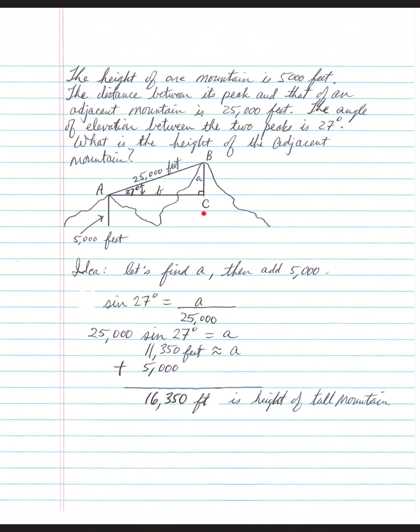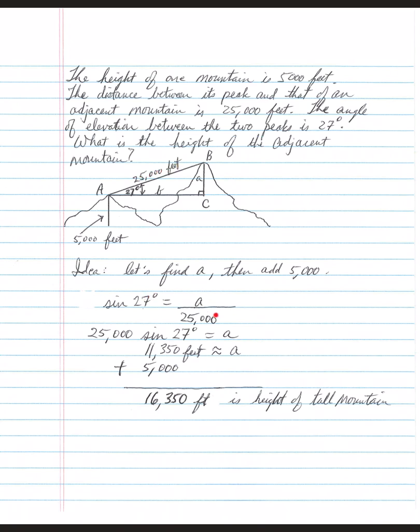I know that this part is 5,000 feet, so if I can find A, I can add 5,000 to it, and I've got the height of mountain B. Well, to get A, given the hypotenuse, I can use sine of 27 degrees because that's going to be equal to A over 25,000.